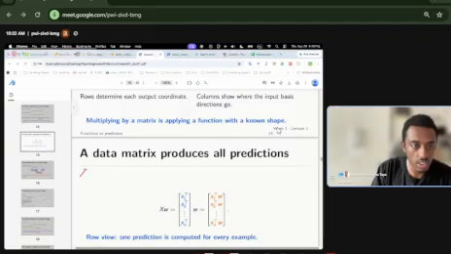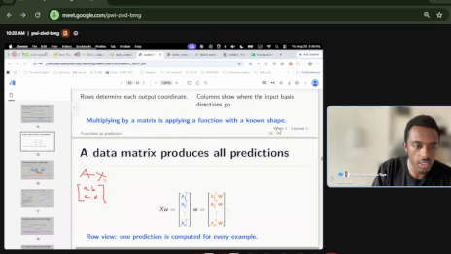let's say we have A here, and x, and we are multiplying A and x. Let's say A is [a b; c d] and x is [x1; x2].